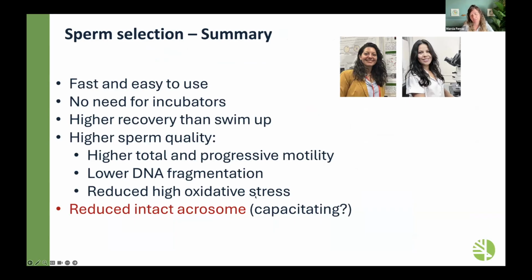We also checked the oxidative stress, but because I have a short time today, I didn't show that data, but we also reduced oxidative stress in there. The one negative aspect we saw was reduced intact acrosome. So maybe it's capacitating that sperm; it is something we are investigating further.